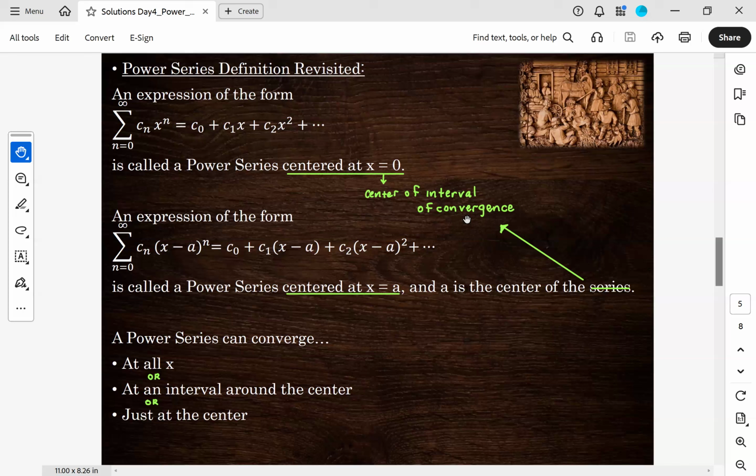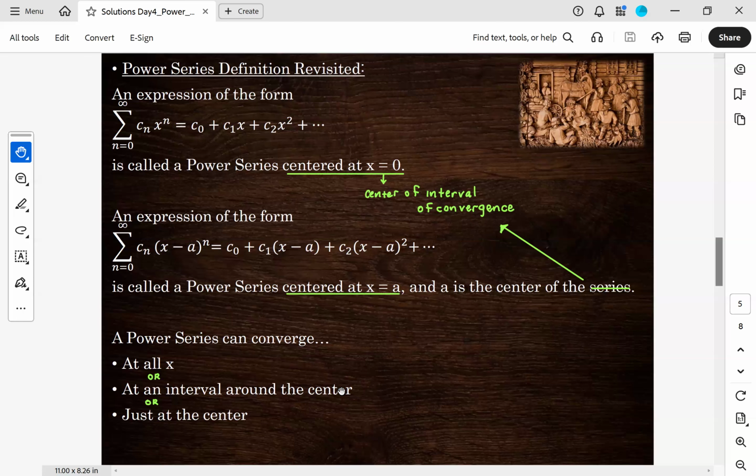And throughout the rest of this chapter, and really more so in the next chapter, you're going to learn a lot about the convergence of these things. And there's three different scenarios. What we've seen so far really corresponds to the middle scenario. We've found some intervals of convergence around a certain center.